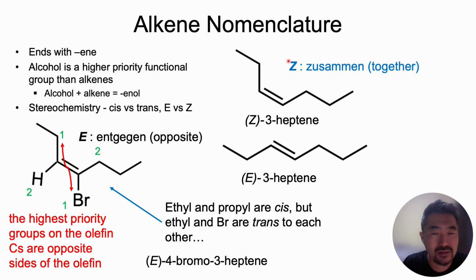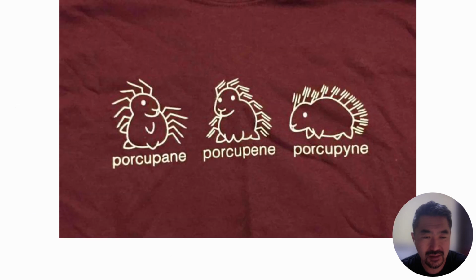The highest priority groups are both on the same side of the double bond, so it's the zusammen or Z stereoisomer. And then, of course, this would also be E. So hopefully that makes sense. And we'll, of course, do some practice problems during class, and if you have questions about this, which I'm sure some of you do, please raise those during class.